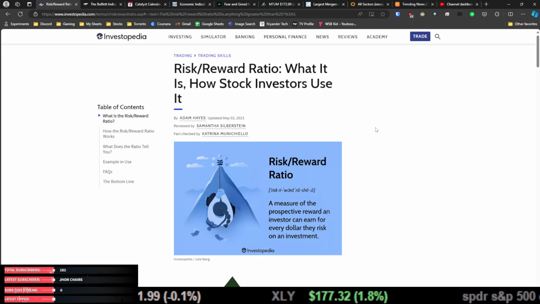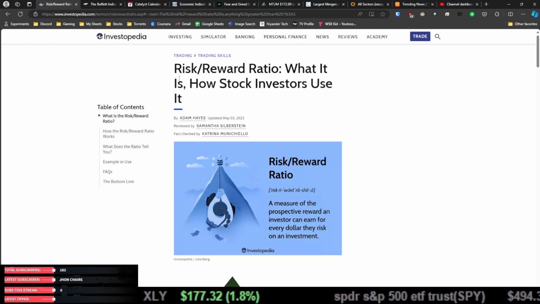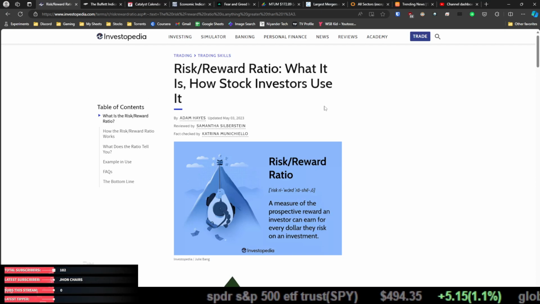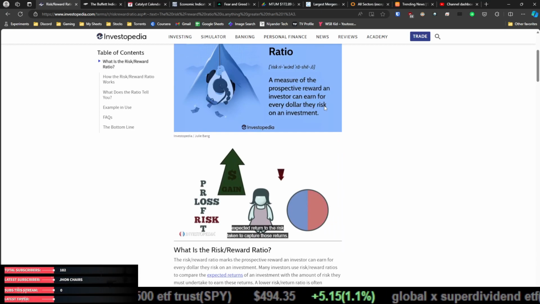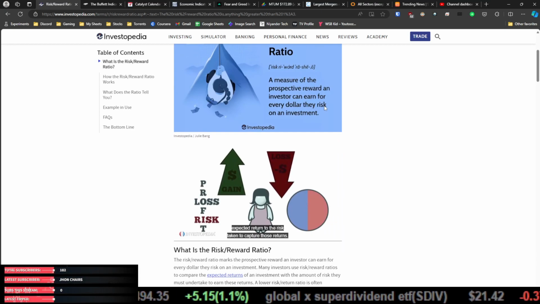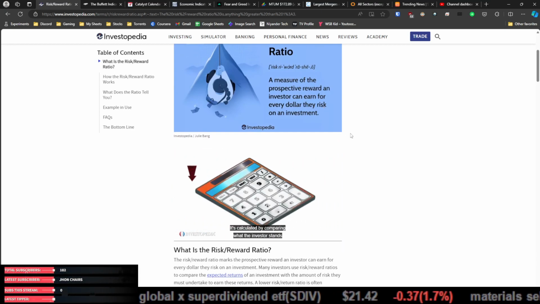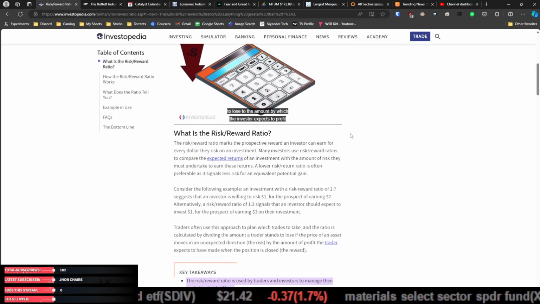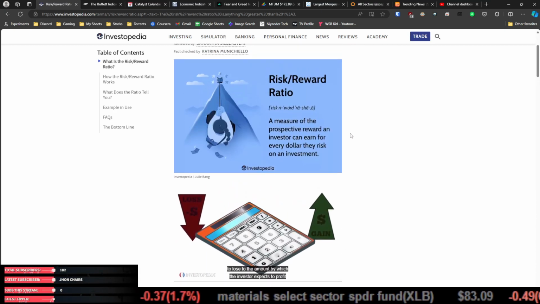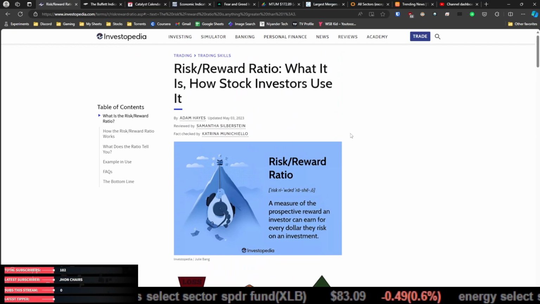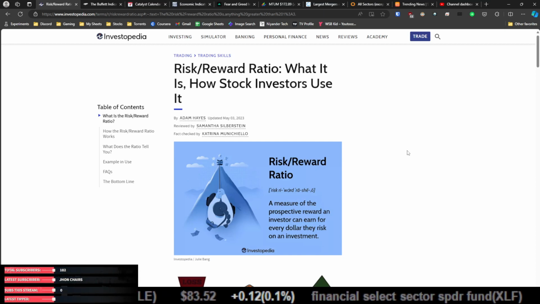And so to kick it off, we went over risk reward ratio today. Basically, it's a way that investors can correctly determine how much their reward is versus their risk. A lot of people use risk reward in the wrong way, right? They set their take profit higher if their risk reward isn't correct, and it's supposed to be the other way around.